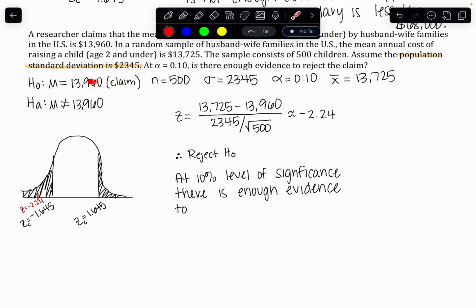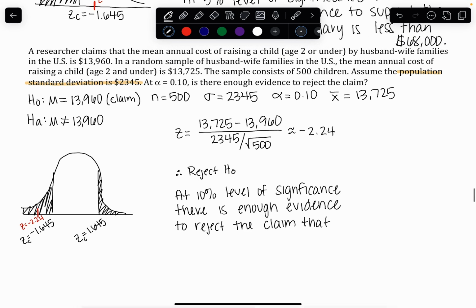Our claim is in our null, which means we have enough evidence to reject the claim. That the mean annual cost is $13,960.